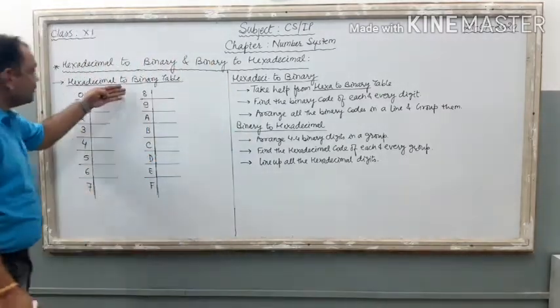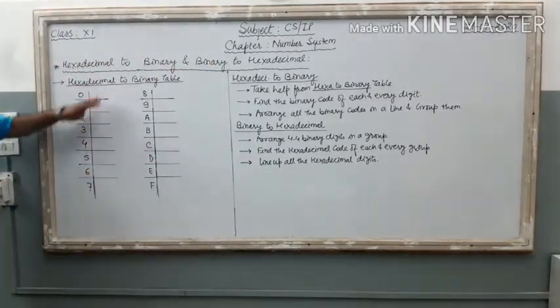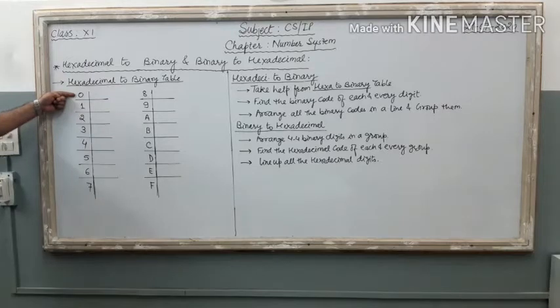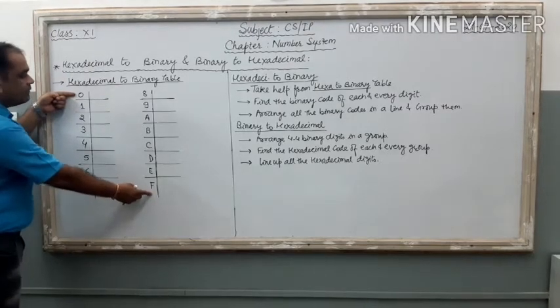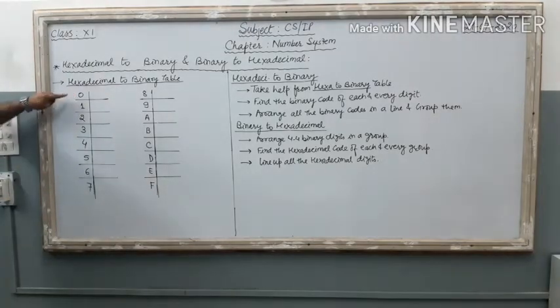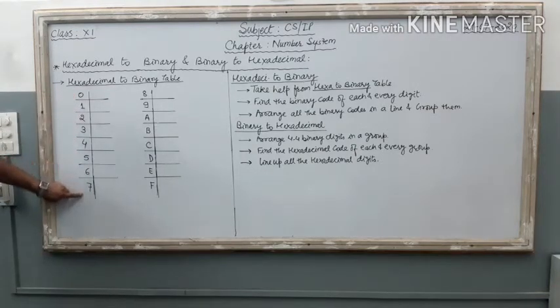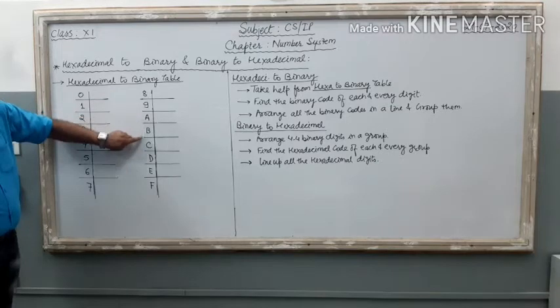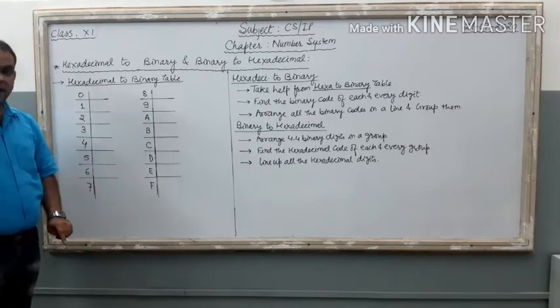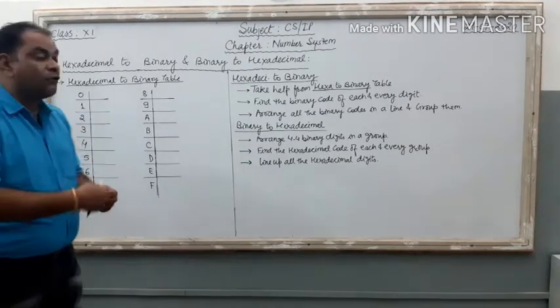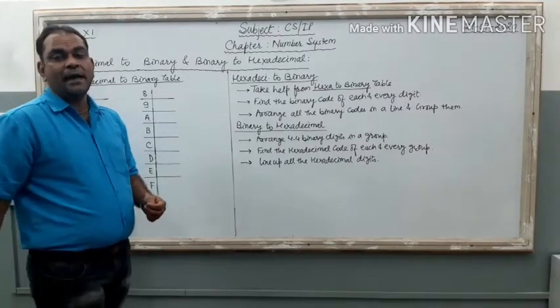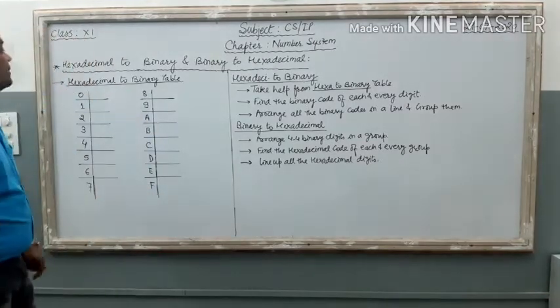Now come on this portion of the board. Here we know that the hexadecimal value starts from 0 and ends at F. So in this portion I wrote all the hexadecimal values 0 to 7, then 8, 9, A, B, C, D, E, F. Clear? Now we are going to find out the proper binary code of these hexadecimal values.